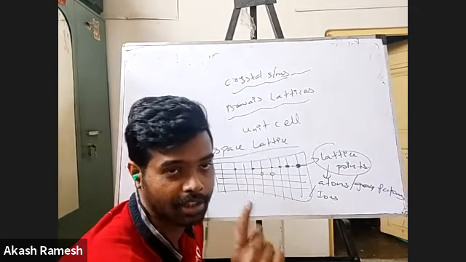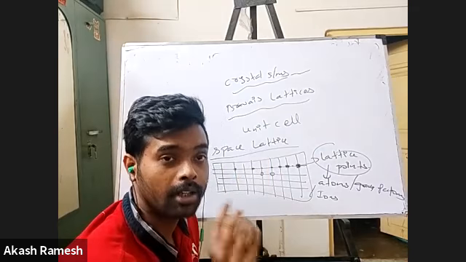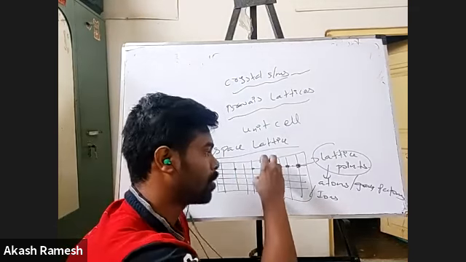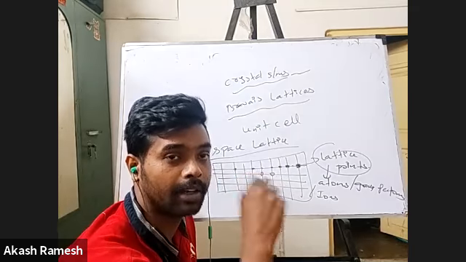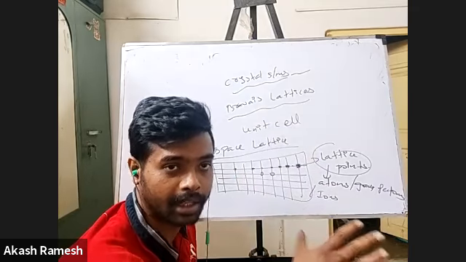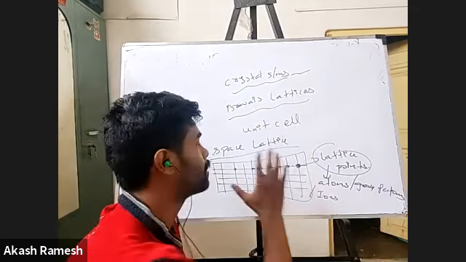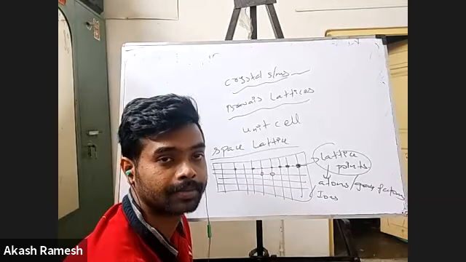The smallest part you take out of this lattice must be such that when it replicates itself in all three directions, it brings back the lattice.